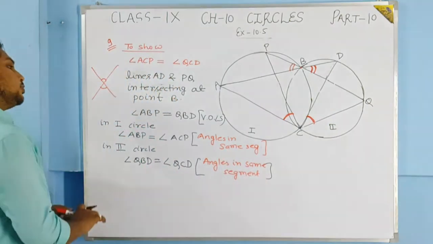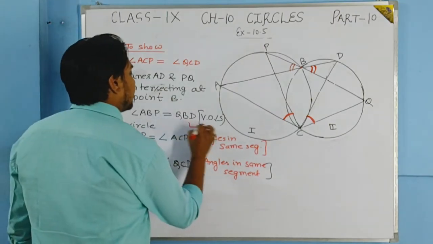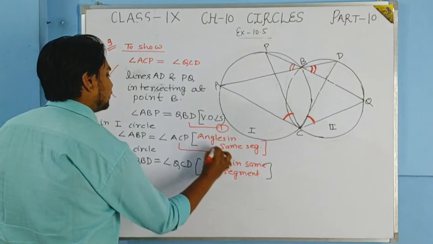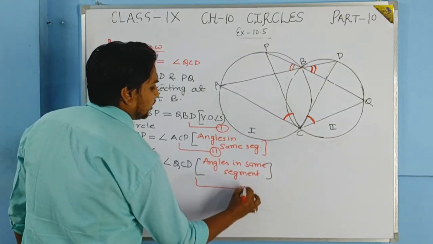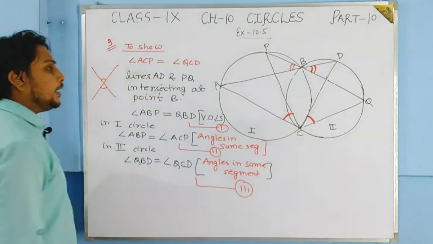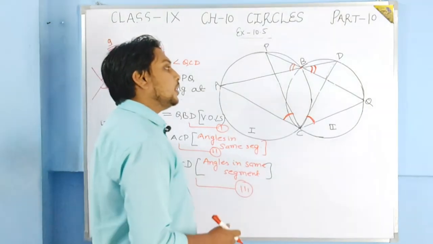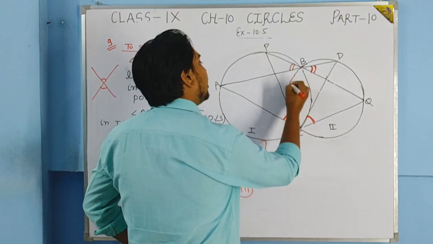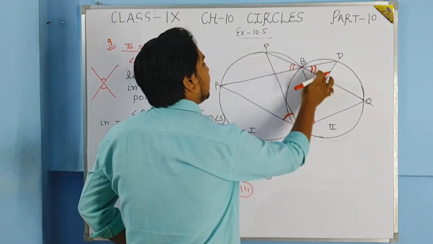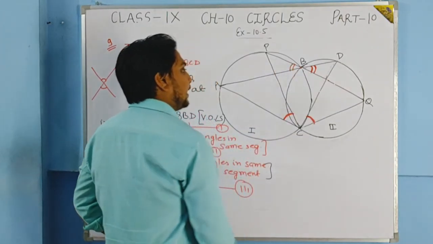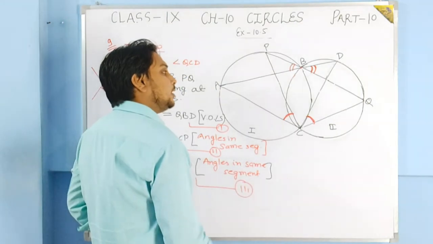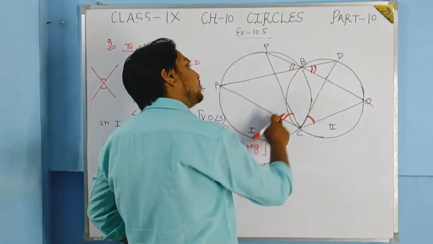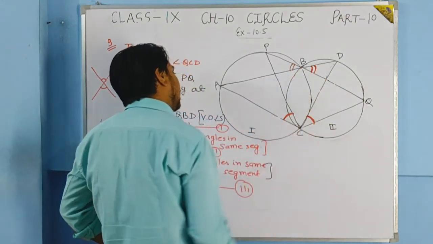So students, suppose that it is equation number 1, equation number 2, and equation number 3. In the first equation, we have said that these two angles are equal to each other. In the second equation, I have said that this angle is equal to this angle. In the third equation, I have said that this angle is equal to this angle.